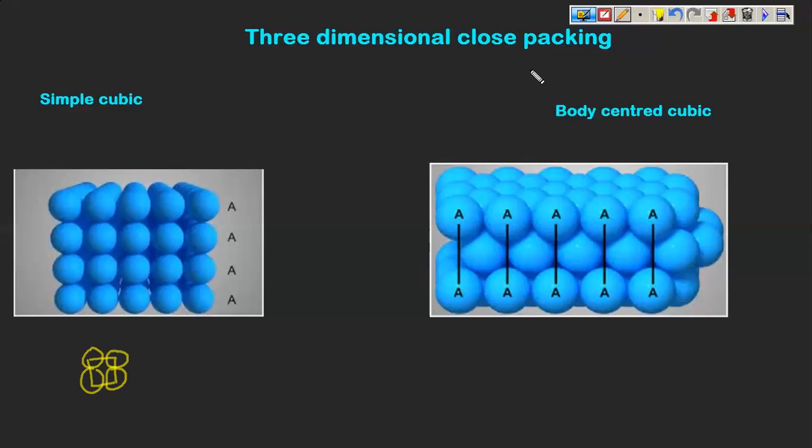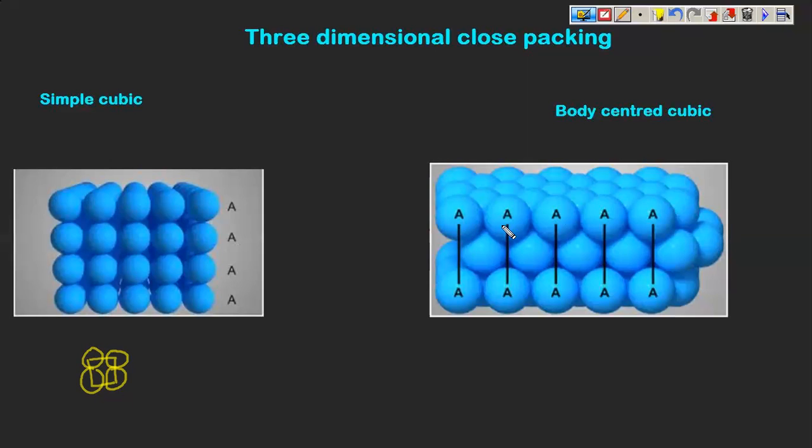If two square close packed layers align with each other, it will form a simple cubic structure. Suppose you put the second square close packed layer in the depressions of the first layer, it will form a body centered cubic.